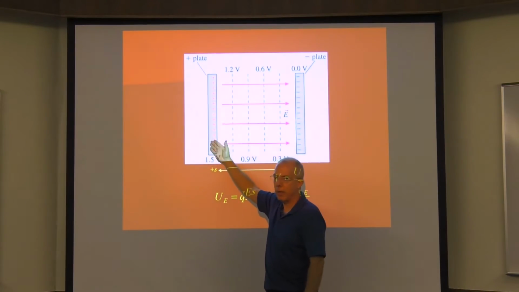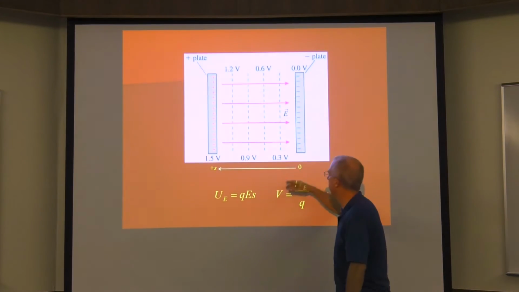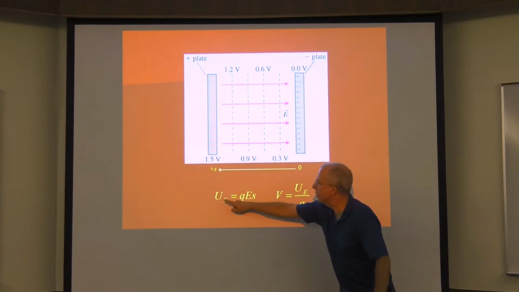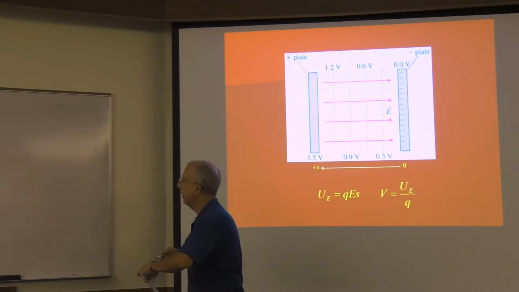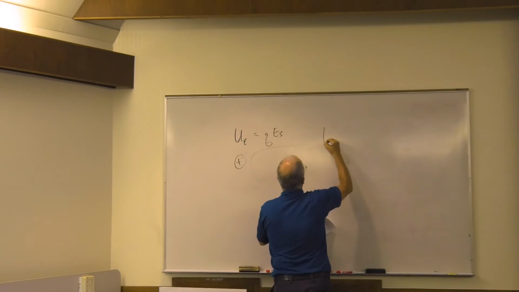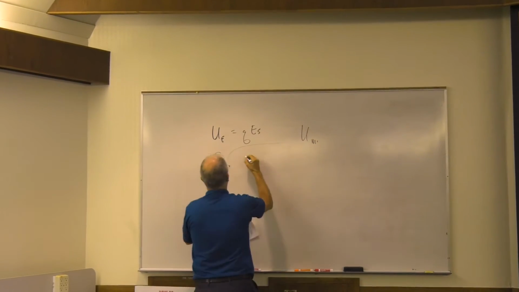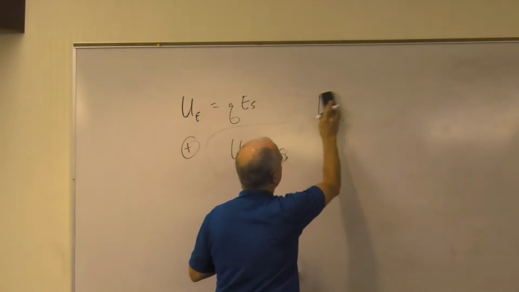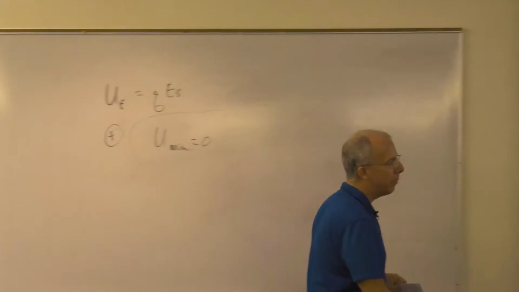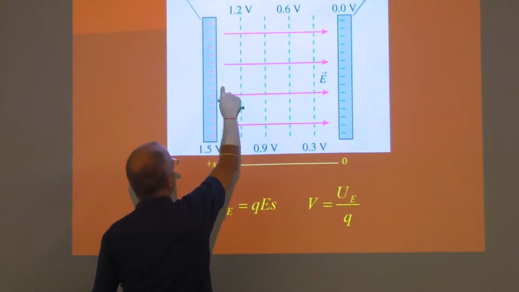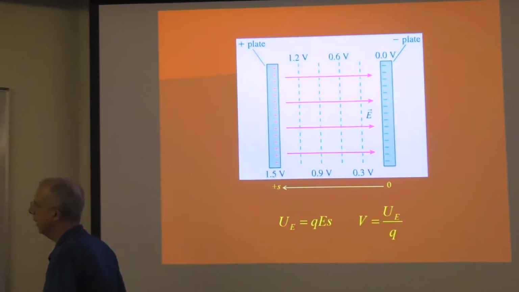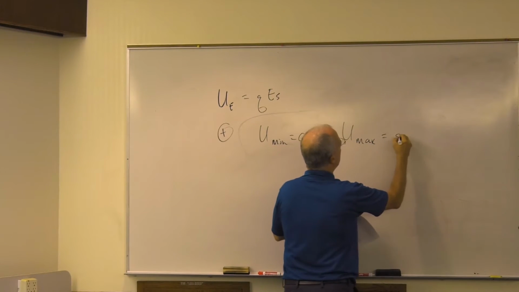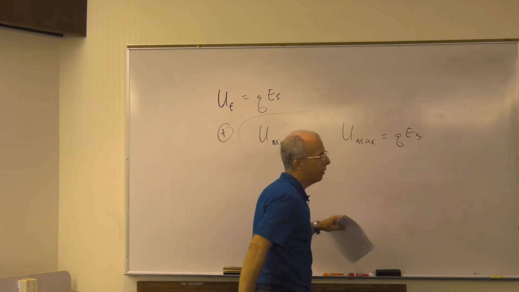So that would be a large amount of potential energy. Now let's use the formula. If the positive charge were here, S would be 0, so UE would be 0. So U minimum would be 0. Maximum potential energy would have the positive charge here where it doesn't want to be. So U max would be QES.